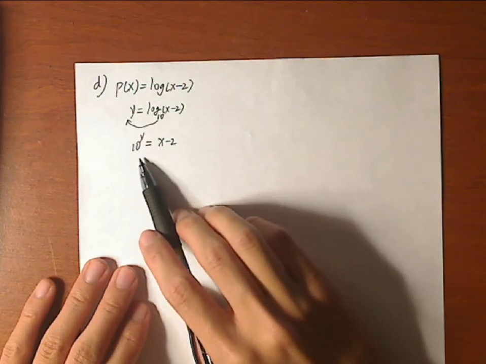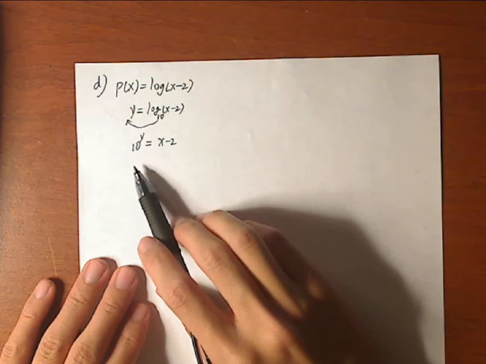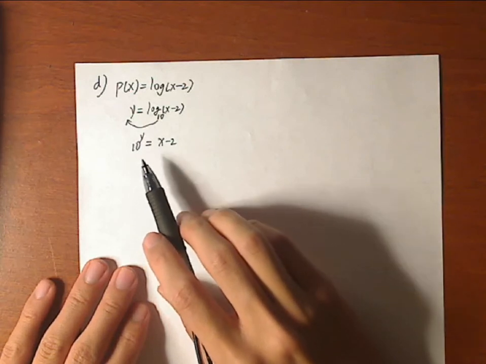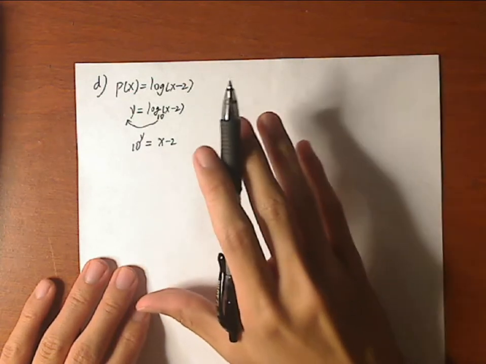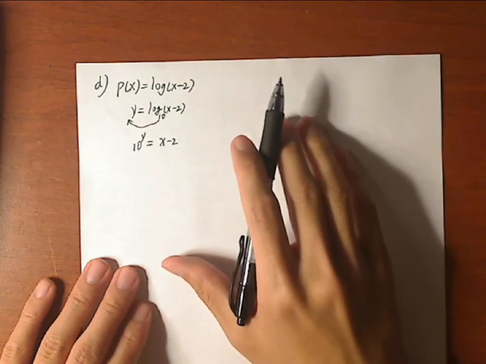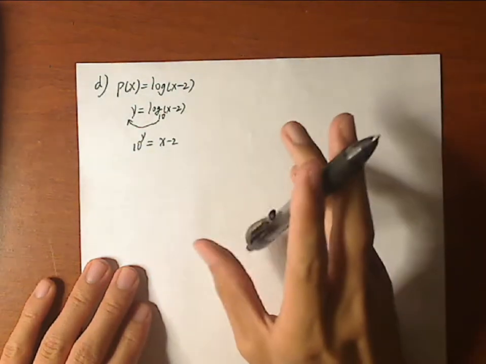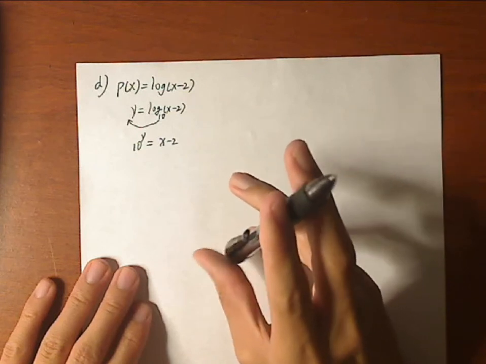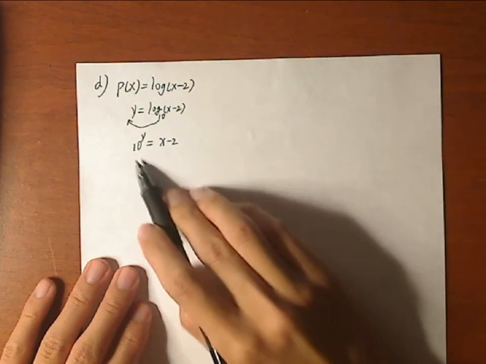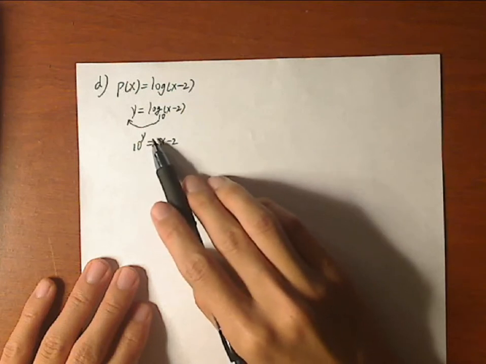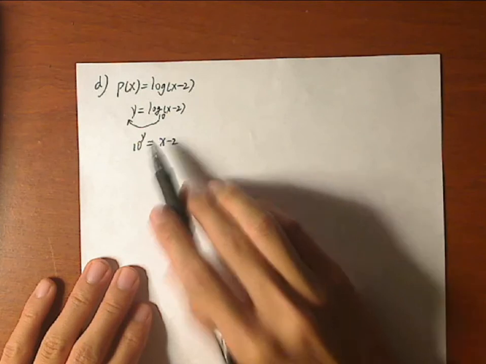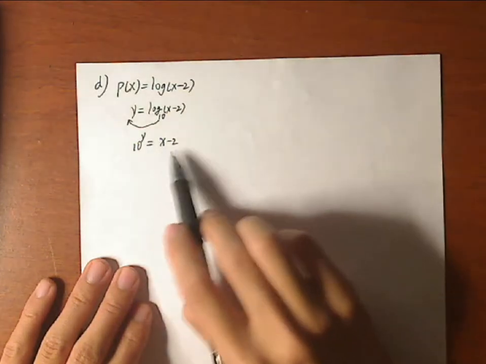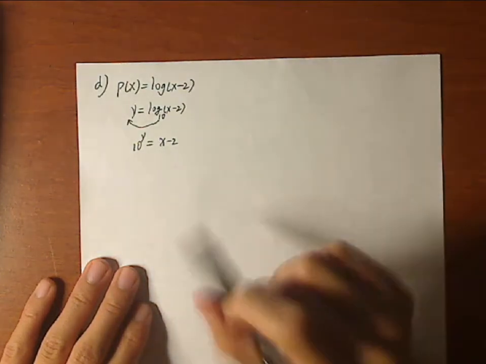Positive 10 to a positive power is always positive. 10 to the 10 power is a large number, but 10 to the 1 power is 10. 10 to a decimal power becomes some decimal.